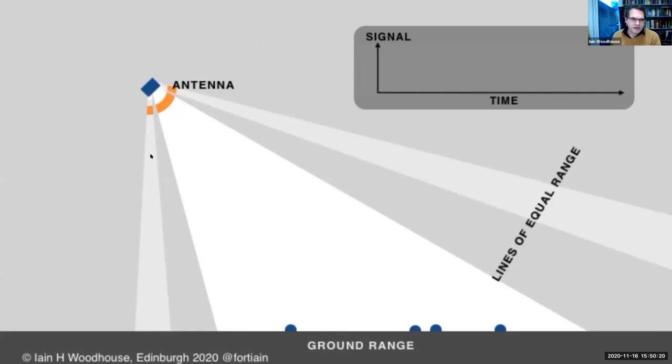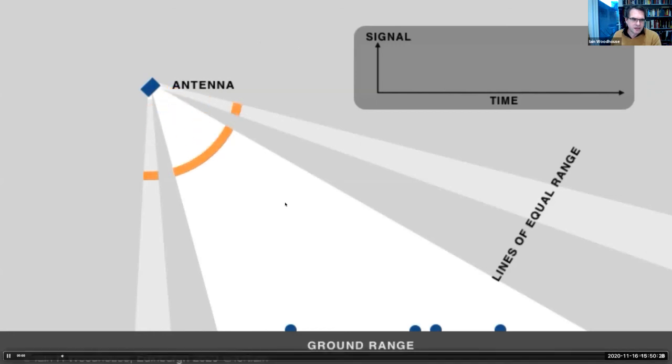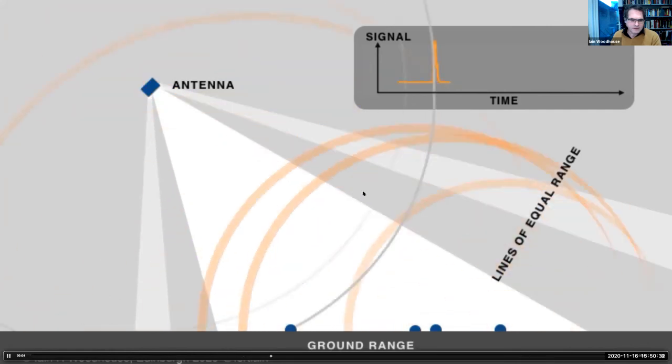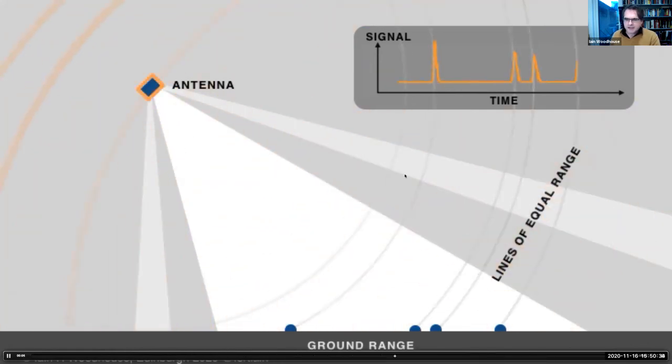These are not very sensitive parts of the antenna pattern, which means that a small signal will also end up going into these small side lobes. For the most part, it's not a problem, but it is a problem because one of those side lobes will be pointing approximately towards the nadir point, directly below the sensor.